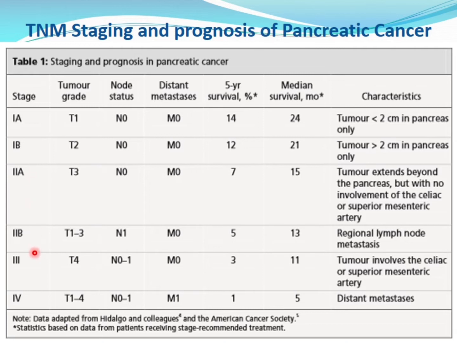In stage 3, the tumor involves the celiac axis or the superior mesenteric artery, and there may be lymph node mets, and the tumor is T4. In stage 4, there is distant metastasis. Pancreatic cancer staging correlates with the 5-year survival and median survival, and it is known that pancreatic cancer has a bad prognosis.